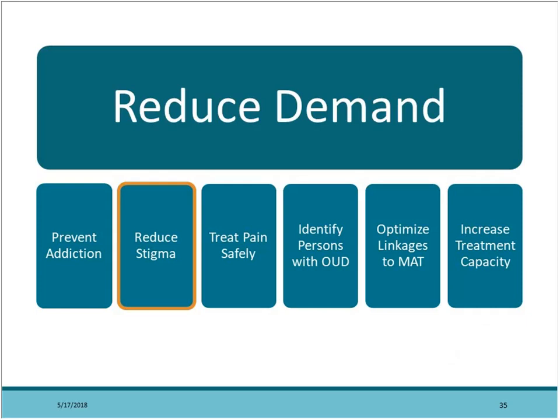The next strategy to acknowledge is reducing stigma. Stigma itself is one of the drivers of perpetuating the epidemic, and it has a direct effect on individuals who are suffering from opioid use disorder, as shame and not asserting their right to treatment, and maybe not talking about their issue or seeking care.